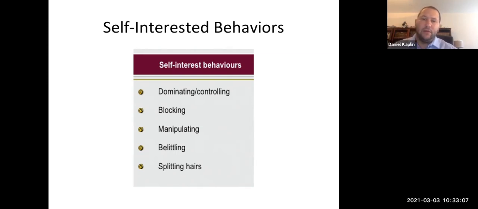We talked about compromise, right? Compromising is sort of like the flip side of dominating and controlling. So if compromising will help maintain group cohesion, dominating and controlling will interfere with it. Blocking we talked about as a micro skill.